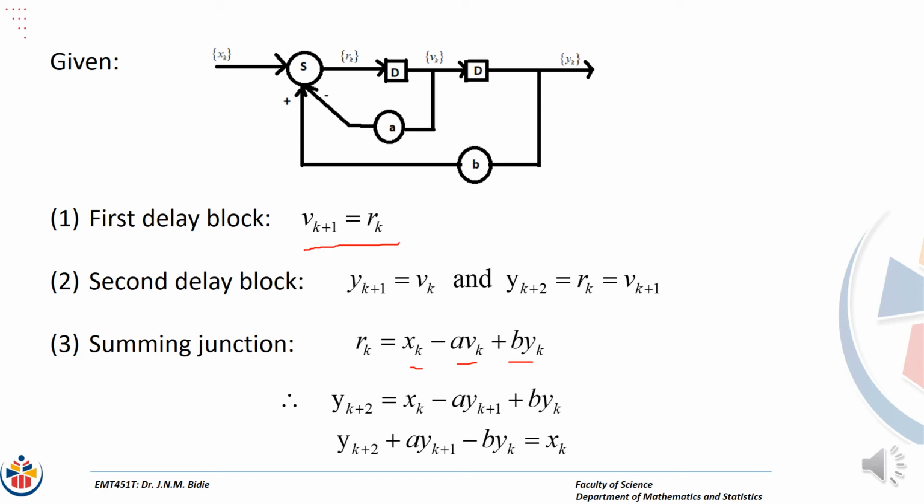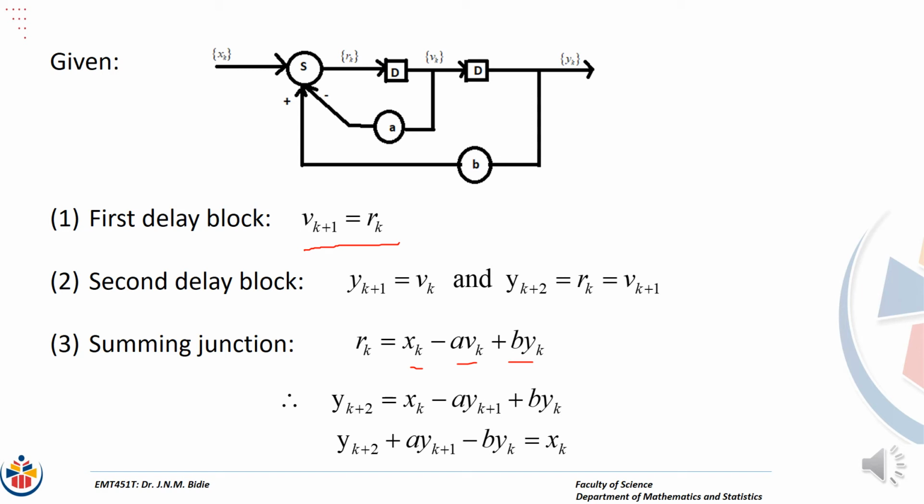Also, we can say rk and the two delay blocks yields yk plus 2. And remember, we had said vk plus 1 is equal to rk. So that means rk is equal to yk plus 2.